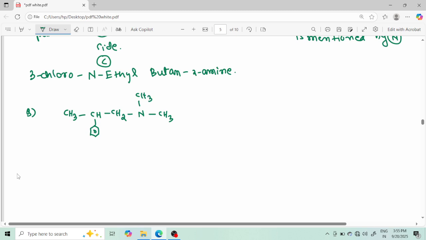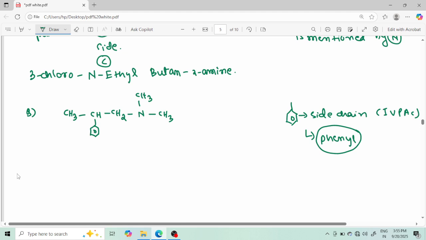Whenever this phenyl group is behaving as a side chain in IUPAC, what will be the name? The name is phenyl, yes or no? You will name it as phenyl group. Now I know that this is my longest parent chain, so this is also a side chain, this one is also a side chain, and this one too.